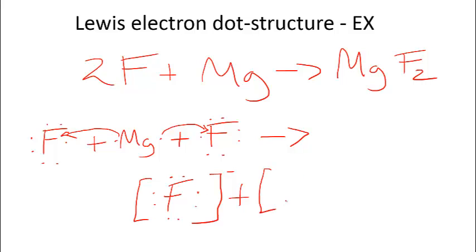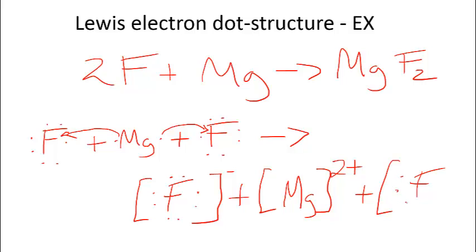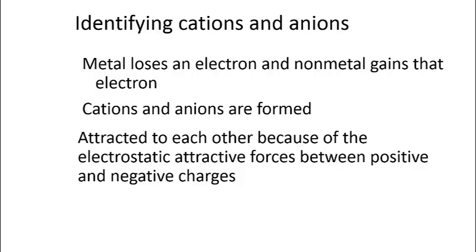Magnesium has lost both of its electrons, so it now has a positive charge, 2 plus. And in order to satisfy this 2 plus charge, the ionic bond has to be between 2 negatively charged fluorine atoms.